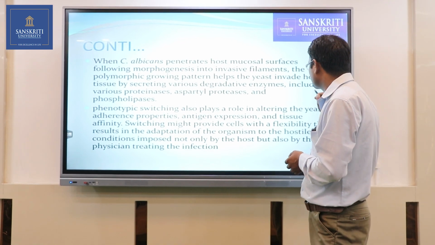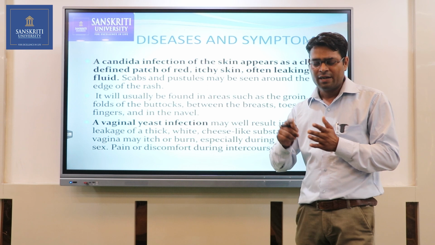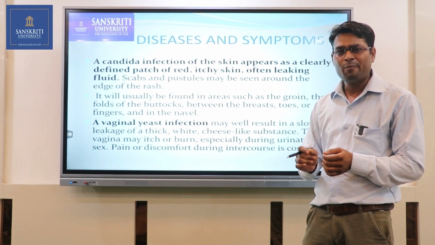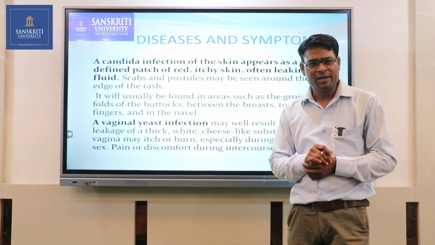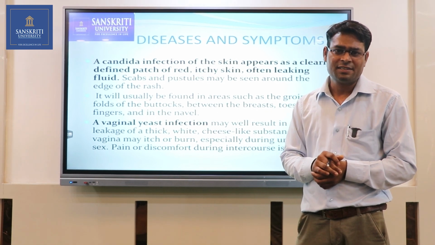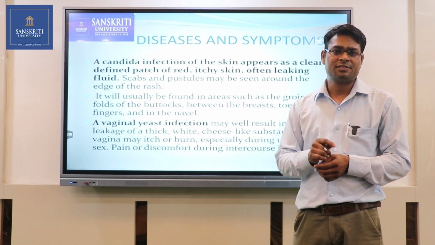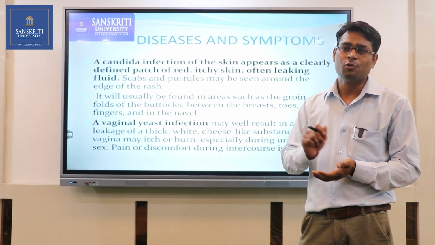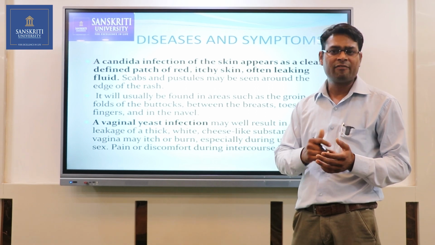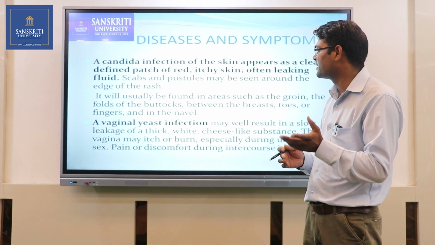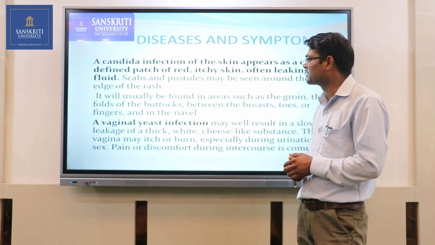And these spore structures or bud-like structures can cause infection in healthy patients. But one condition is there: these infections are mostly reported in those patients who have a weak immune system or metabolic disorders, as I described in the previous slide.